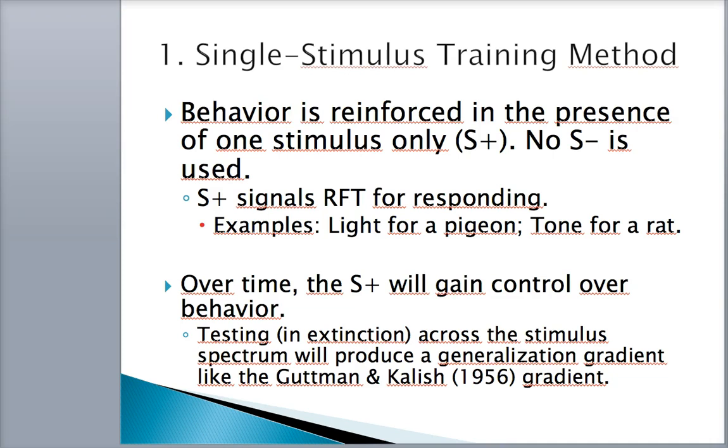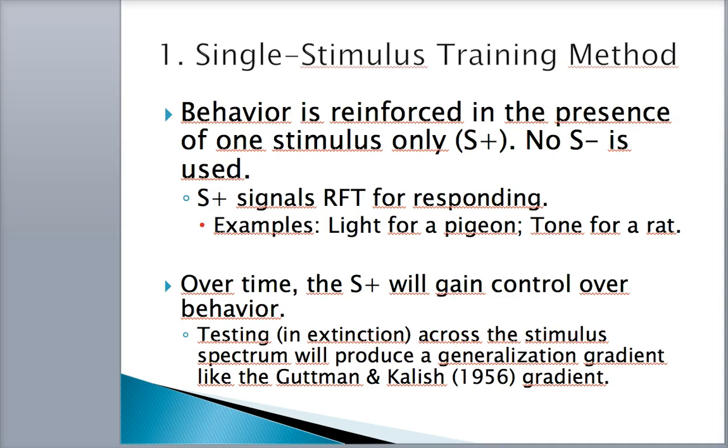Testing, when we go in to test them, the trick here is to present them with all of the stimuli associated with that particular stimulus spectrum. So for a pigeon, we would present them with many different colored lights and see how they respond to them.